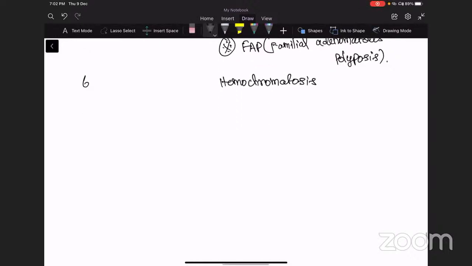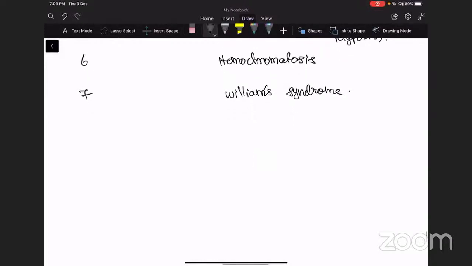Number 7, Williams syndrome. Now we have two types, PKD1 and PKD2.